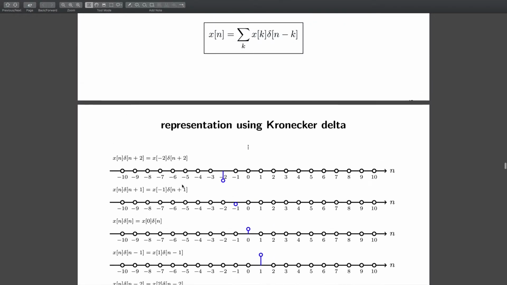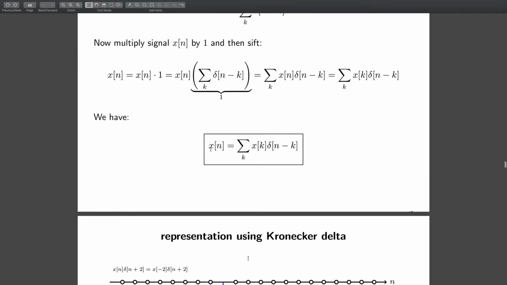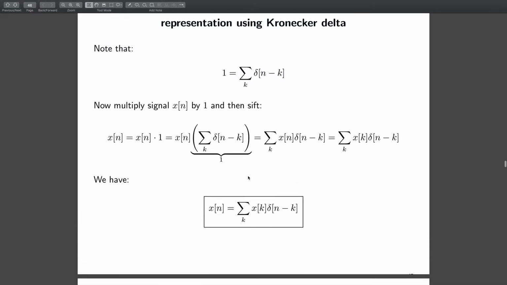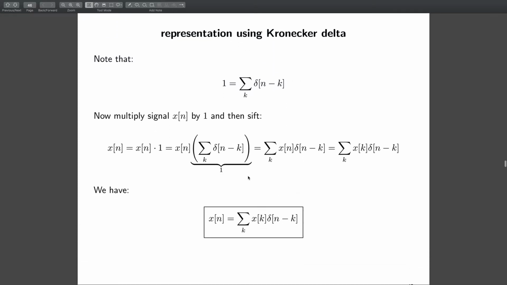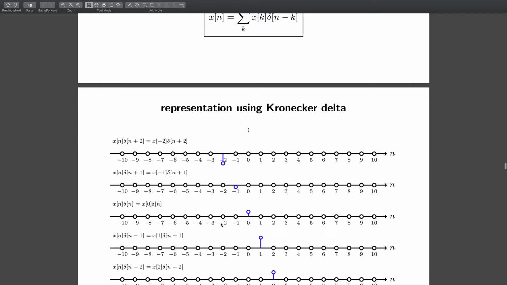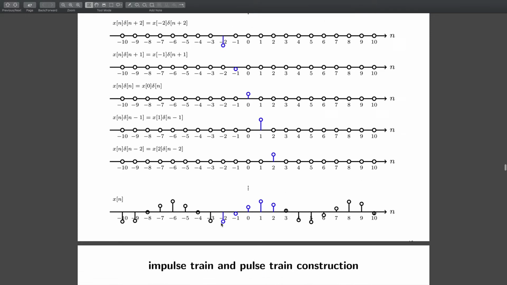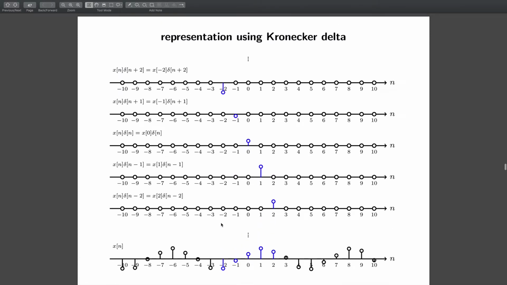That's the power of this representation, and we'll use this later on to develop an important property of linear time invariant systems. So once again, another use for delta functions is to represent arbitrary signals by adding up delayed and scaled copies of those delta functions.